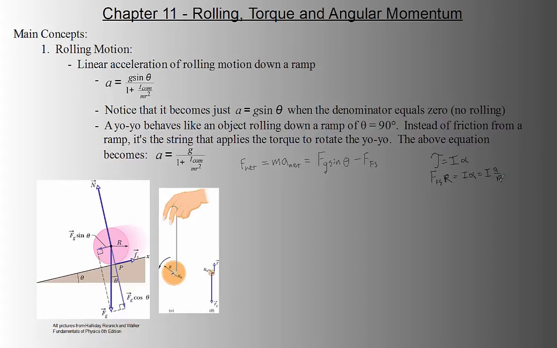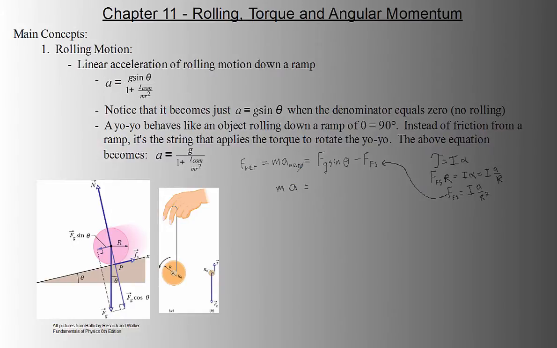So what we can do is divide the R over, so that the force of static friction is I a over R squared. I just took this R and brought it over here. So now we can take this expression for friction and stick it in here. I called this A, so I'm just going to leave this as A.